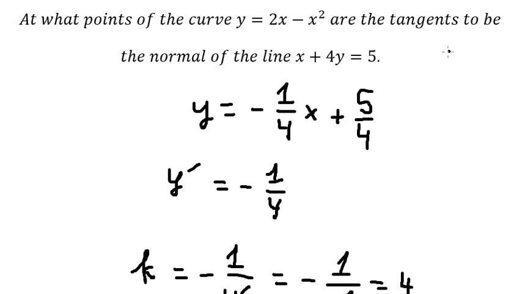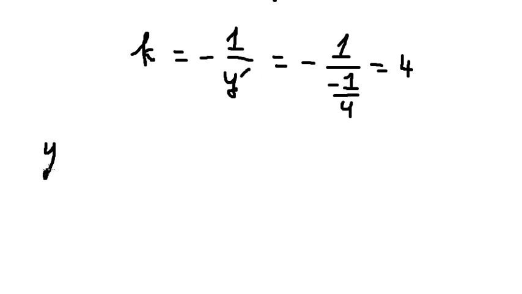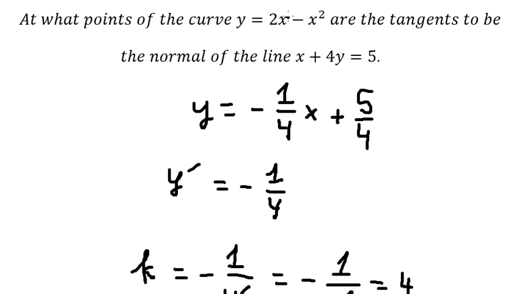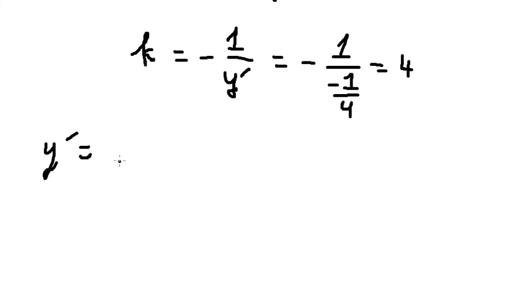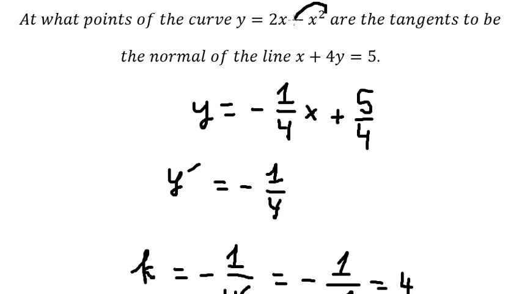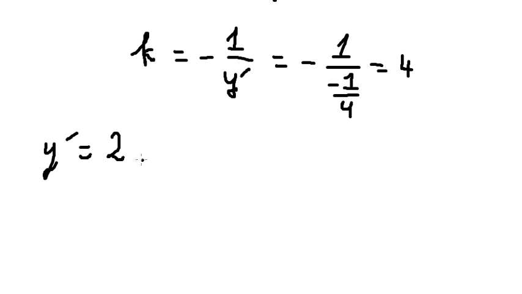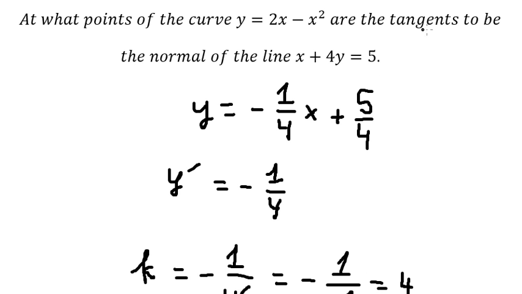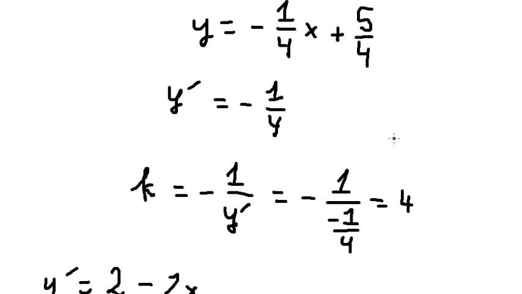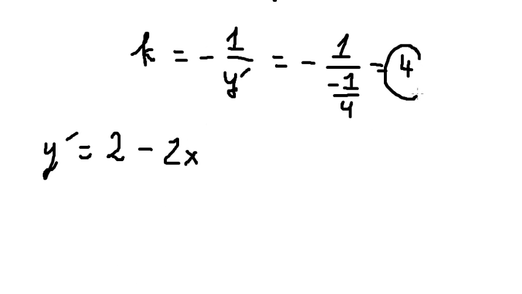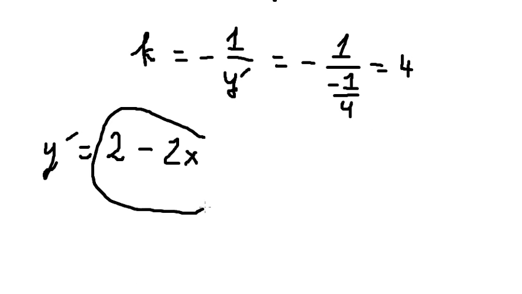The next one, if we want to find the tangents of the curve, we need to do first the derivative of this one. First the derivative of x, you got about 1, so we have 2. First the derivative of x squared, we have 2x. Because the tangent is about the normal of the line, that means 4 equals to this one.